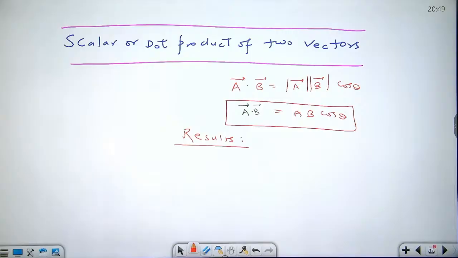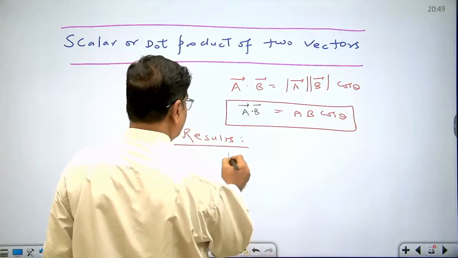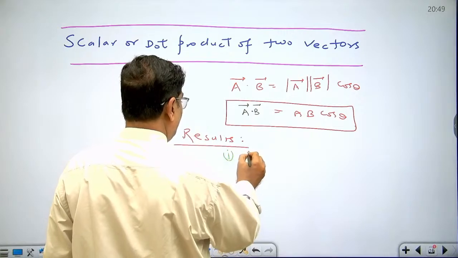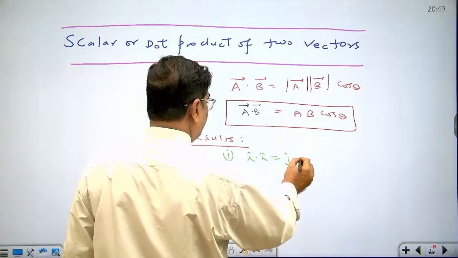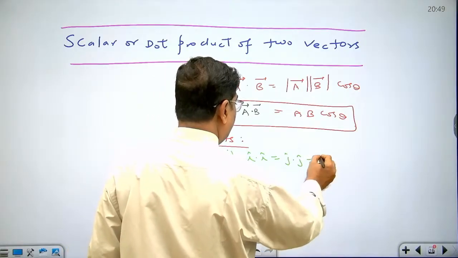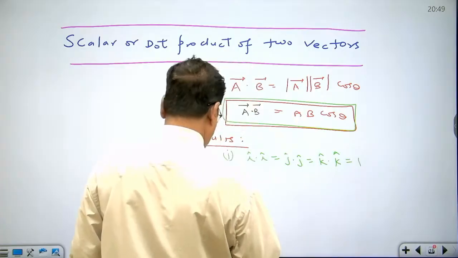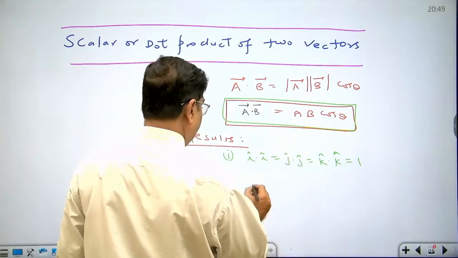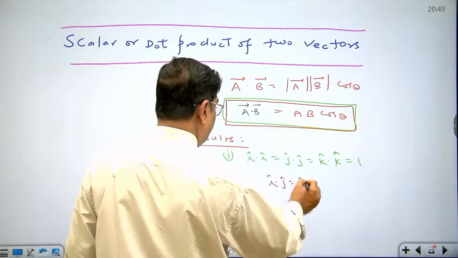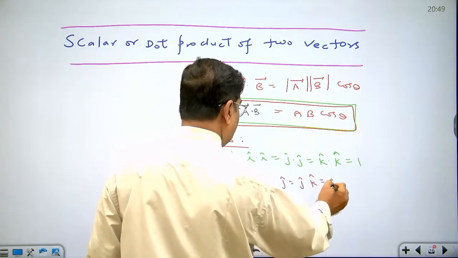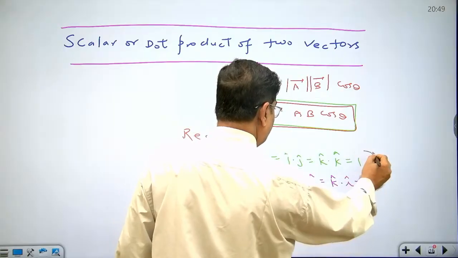So let's write this important result. i cap dot i cap equal to j cap dot j cap equal to k cap dot k cap equal to 1 and i cap dot j cap equal to j cap dot k cap equal to k cap dot i cap equal to 0.